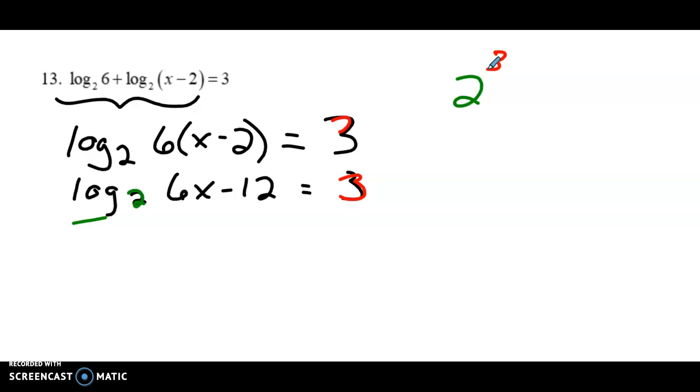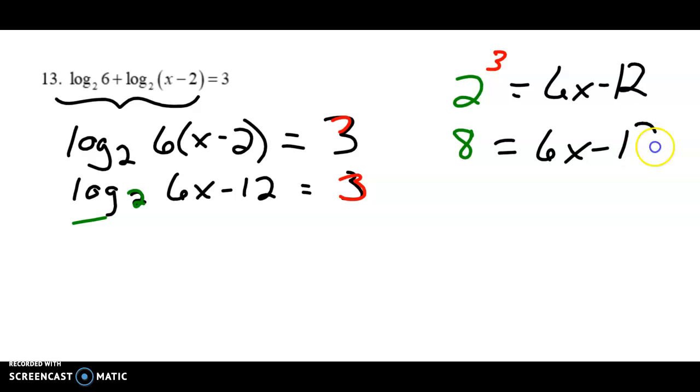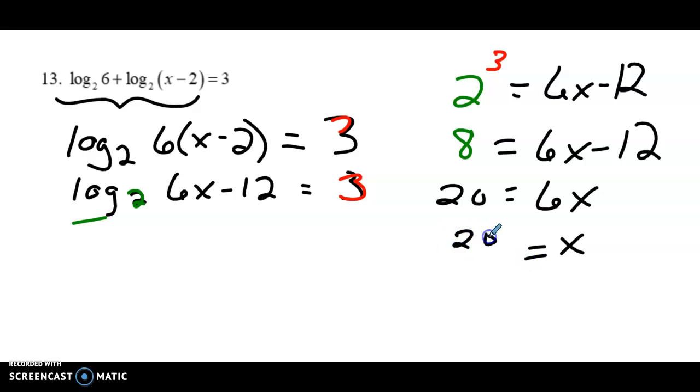And then the argument, 6x minus 12. 2 to the third power is 8. So 8 equals 6x minus 12. Add the 12 to both sides, so I get 20 equals 6x. Divide both sides by 6. X is going to be 20 over 6, which simplifies to 10 thirds. So the big thing here is converting it to exponential because you do not have the log on that side.